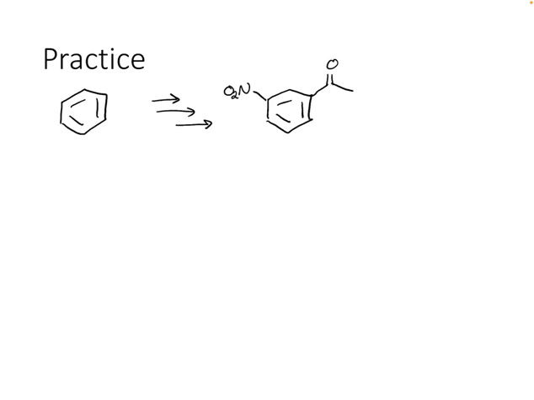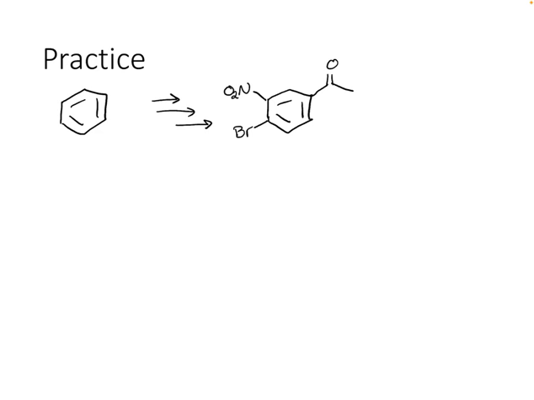Okay, so let's say again we're starting with benzene, and we want to end up with a nitro group on the upper left, an acyl group on the upper right, and then a bromine on the bottom left. All right, so let's figure out how best to synthesize this product.